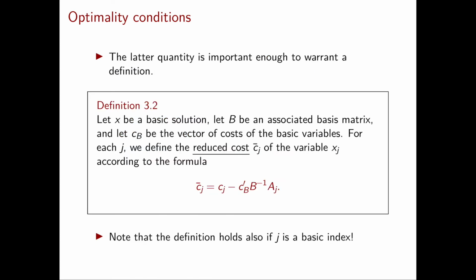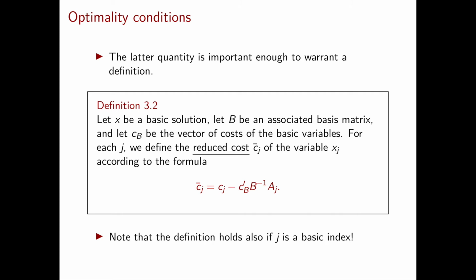This rate of cost change along a basic direction is clearly a fundamental quantity. And this is because it makes sense to go along this direction only if this value is negative, because this means that it will lead to solutions with lower cost.